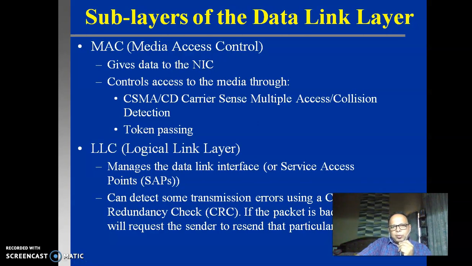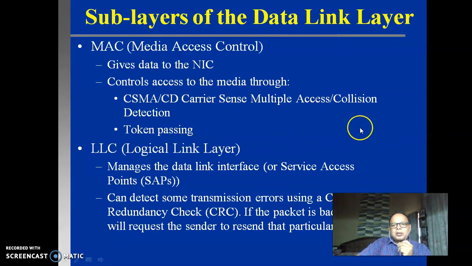So first of all, the collisions are to be detected, and that is done using a process called carrier sense. Whenever a machine is transmitting data over the channel, first it will try to sense the carrier. If there is a carrier, it will withdraw itself and try again after a random amount of time. That is called carrier sense. What is multiple access? The same channel is shared by many machines, so multiple access.